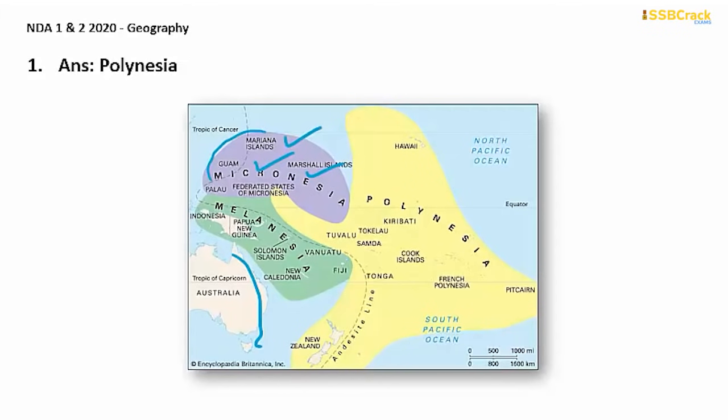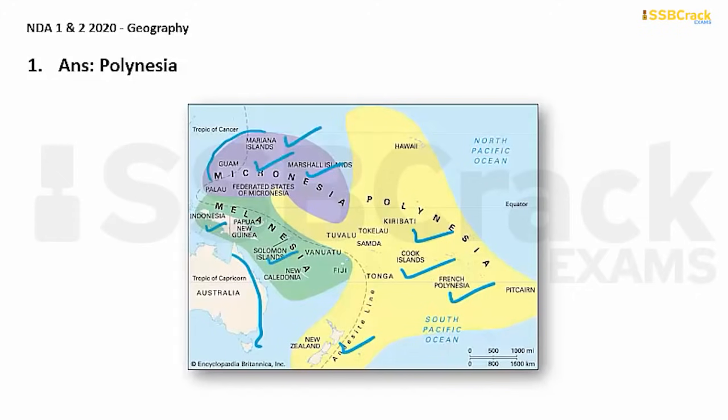Similarly, countries like Papua New Guinea, Indonesia, and Solomon Islands all come under Melanesia. Similarly, we have another group of islands which form Polynesia. This includes Cook Islands, New Zealand and French Polynesia. New Zealand is one of the biggest countries in this group of islands, so it belongs to the region of Polynesia, and this is the correct answer.